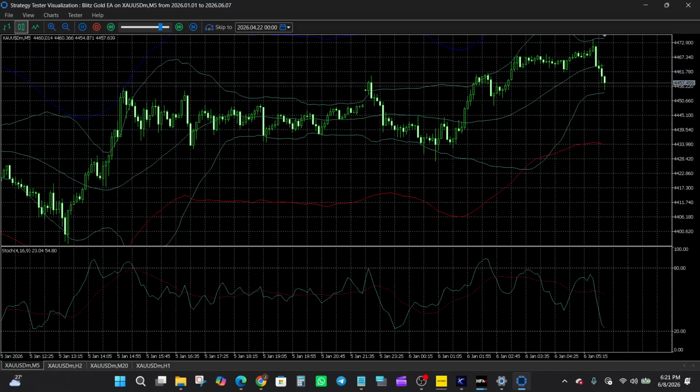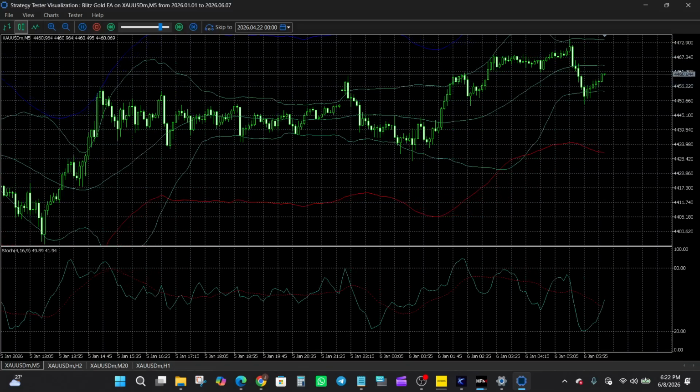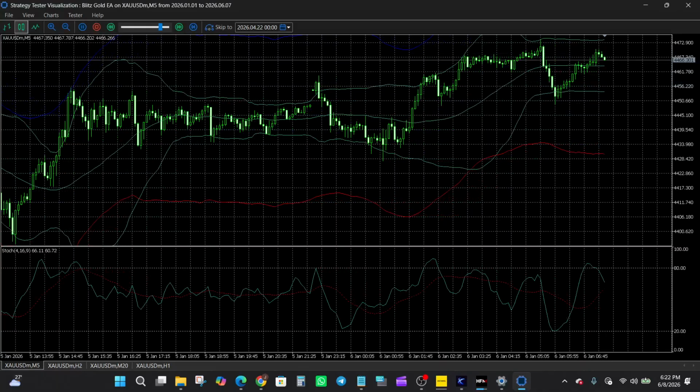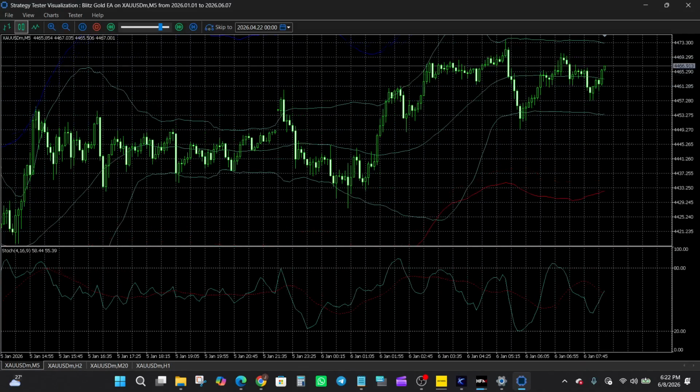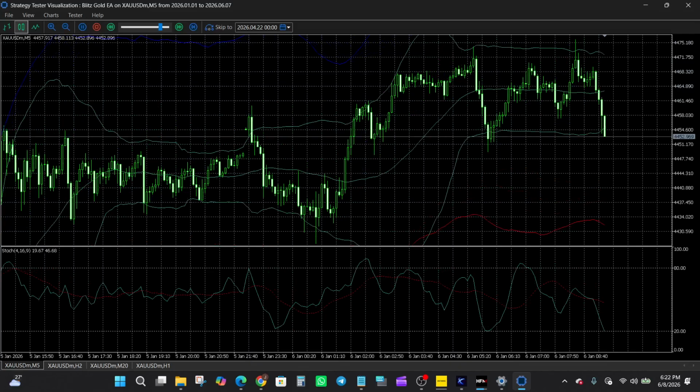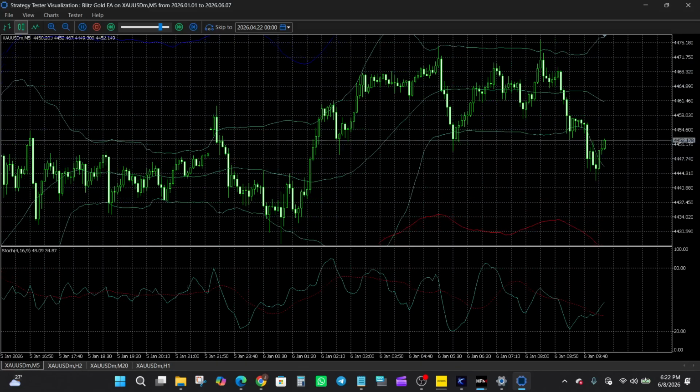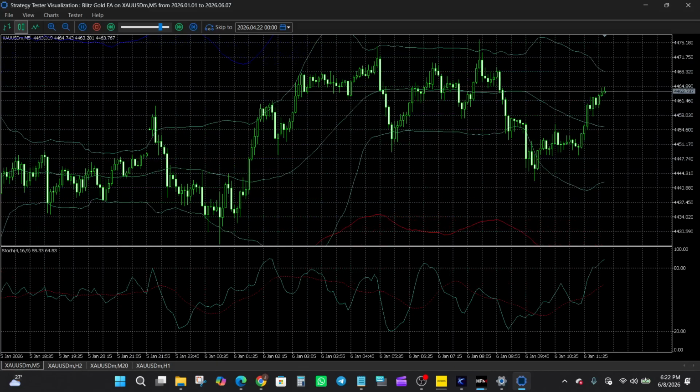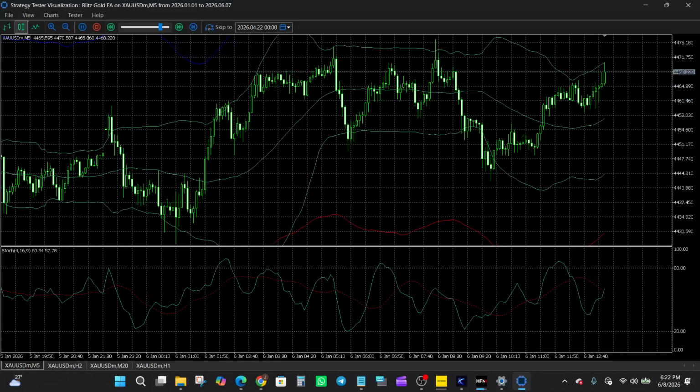Now, as always, make sure to perform your own testing and optimization on both demo and historical data before considering any live trading use.